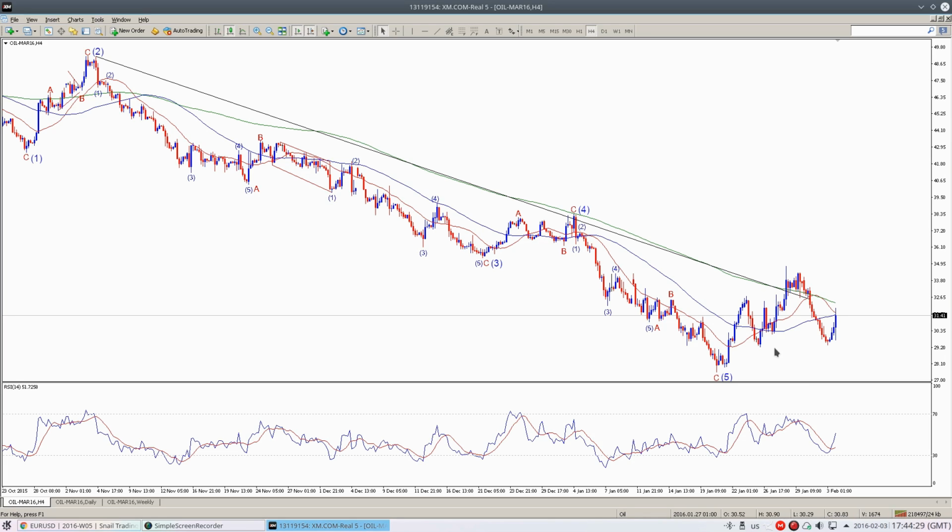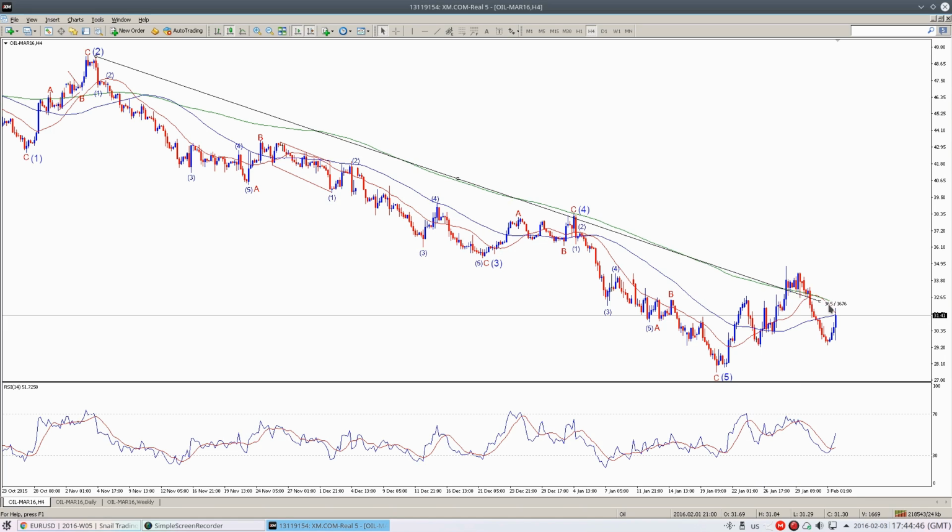Here, as we can see, prices didn't make a lower low, but the momentum did a much lower low, and here we have a bullish cross with the 9 period SMA of the RSI.